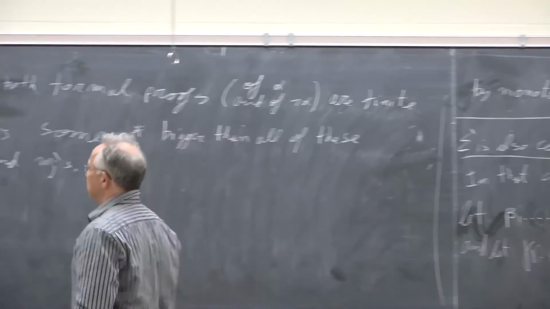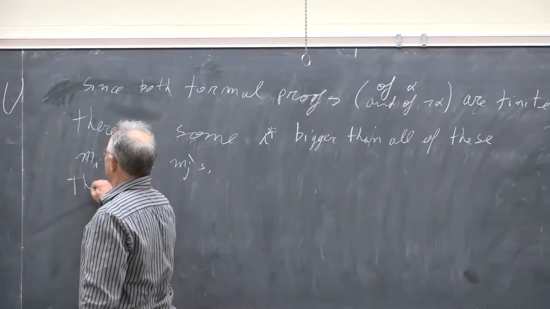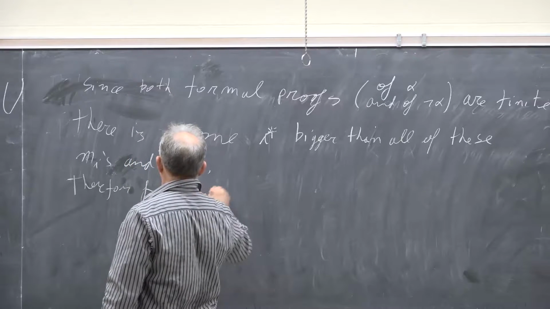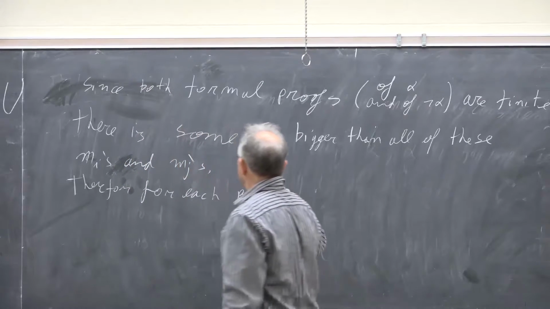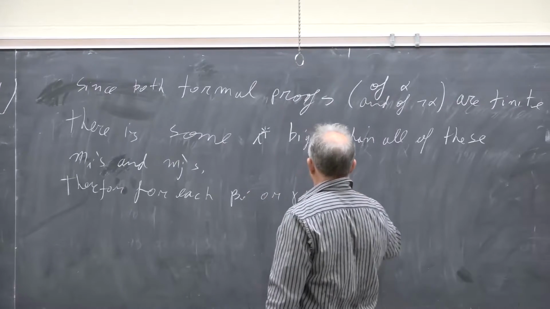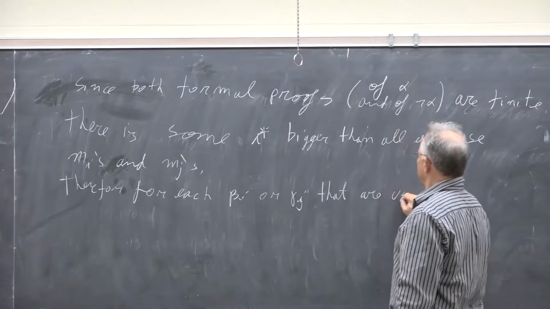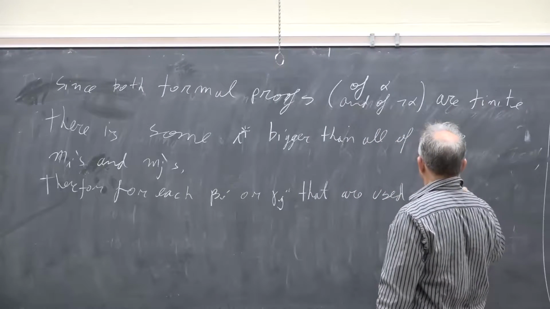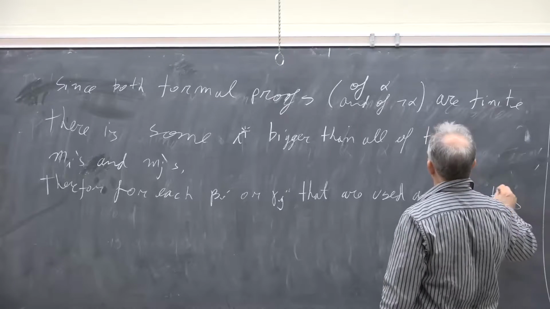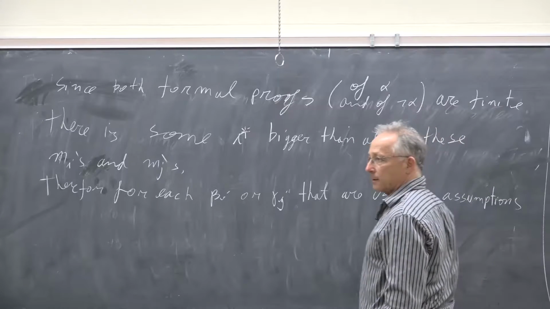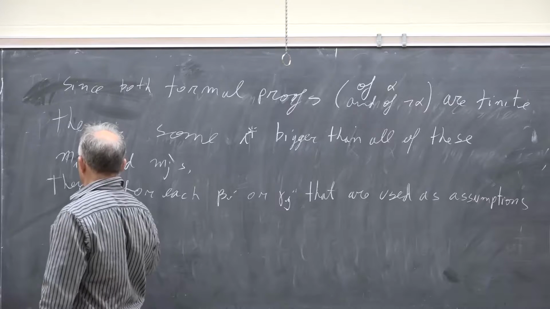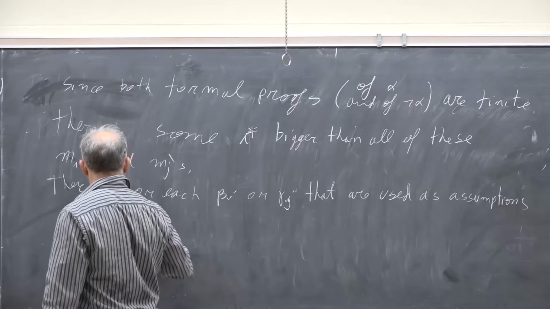So for each beta I or gamma j that are used as assumptions in these proofs, these beta I, gamma j are members of sigma I star.